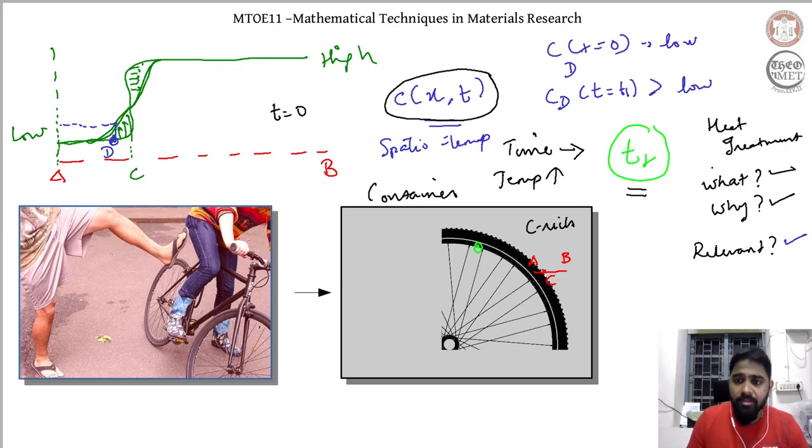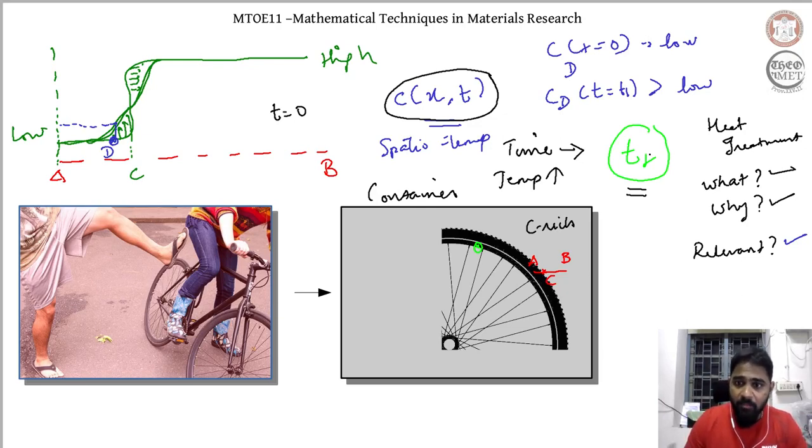When I want to plan my heat treatment process and be extremely efficient, meaning I don't want to hold my container beyond the time which is required to achieve a homogeneous maximum distribution of carbon, not even a second more, then it is ideal for me to know this particular function, so that I can calculate how much time will be required to achieve a homogeneous maximum distribution of carbon within the rim.